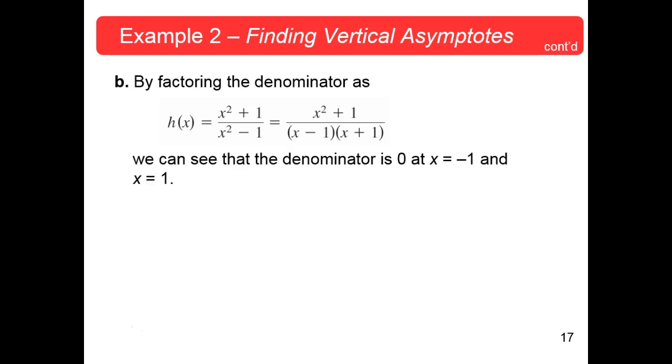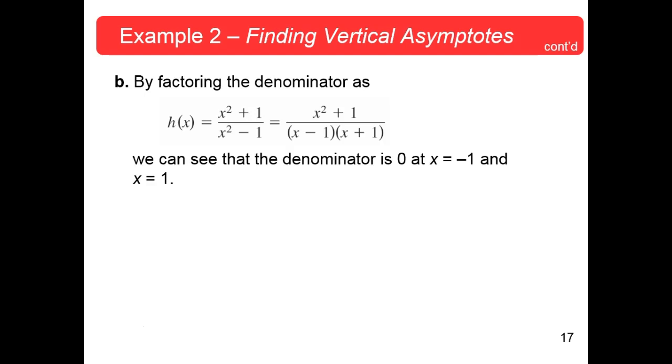Negative times negative is positive. So that's going to be some positive value going to positive infinity as x approaches -1. Okay, let's back off a minute. -1, yeah. So positive going there.